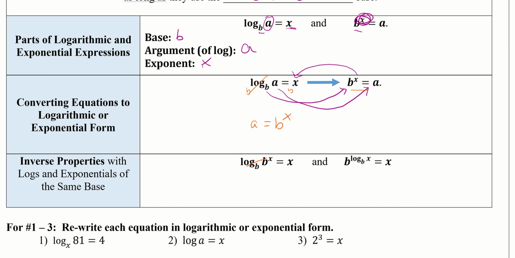And so log base b of b to the x is actually equal to x. Same idea, but kind of opposite if the base of the exponent is b, and then to the log, again, those cancel and leave you with x again. Okay, so if they are the same bases, then they are inverses.